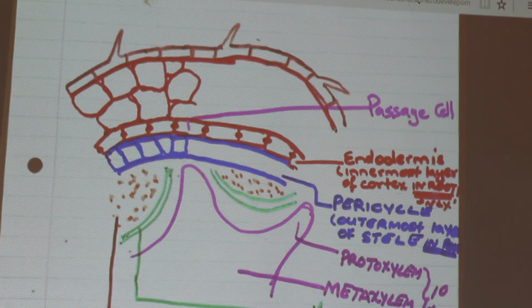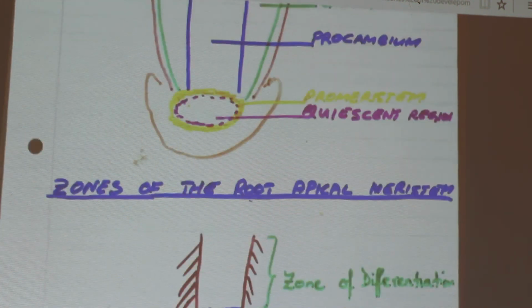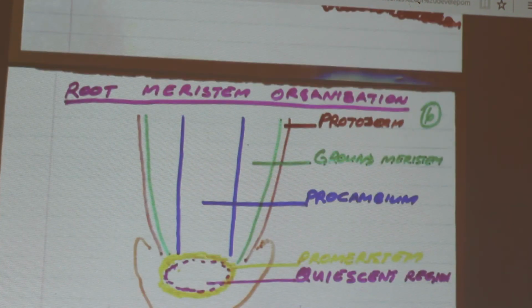Okay. Now, I think at high school you were presented with this, and you were told that the root has these meristems: the protoderm, ground meristem, the procambium, and this area which they called the quiescent region, this quiescent region is the promeristem.